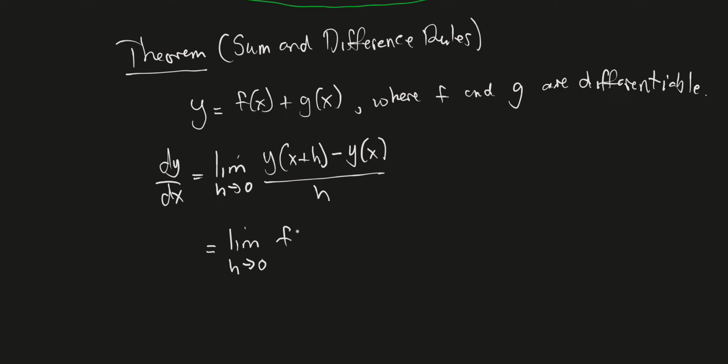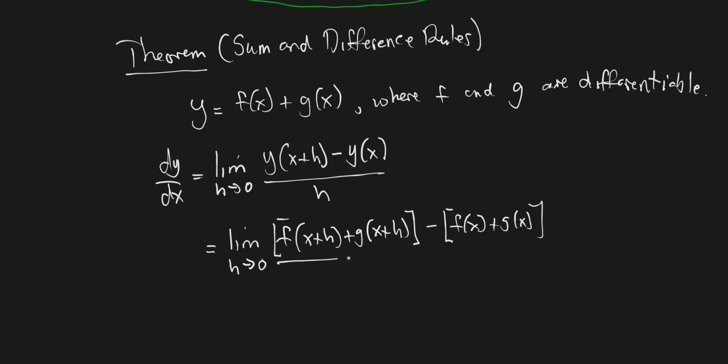So I'm going to have f of x plus h plus g of x plus h. That's the first term in the numerator, and then in the second term in the numerator, I have to subtract f of x plus g of x. So like this.